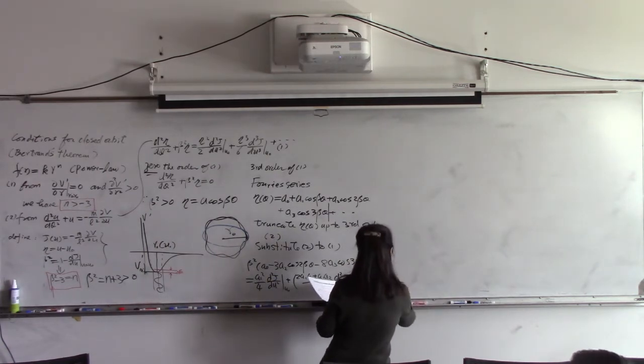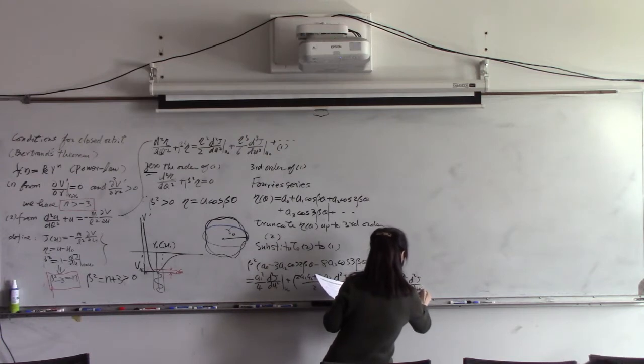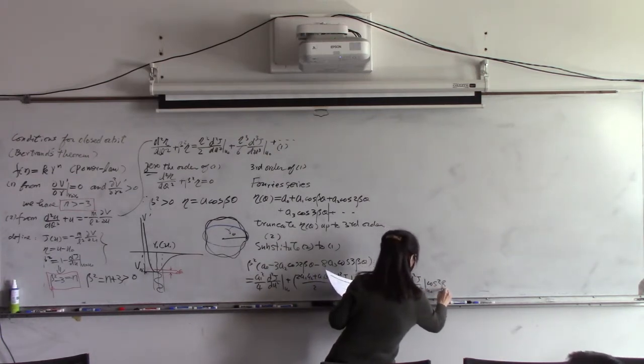The second order is a1 squared over 4 d squared J du squared at u naught multiplied by cosine 2 beta theta.